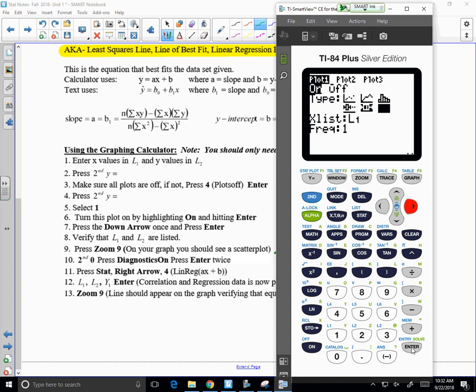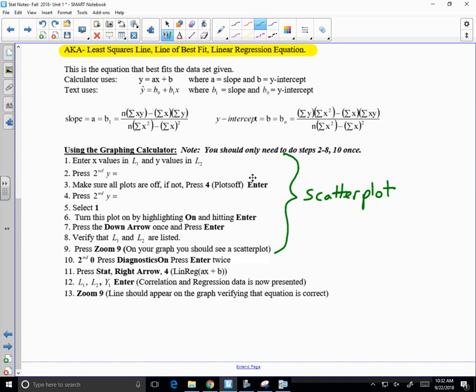If I do a normal probability plot, L1 with X. So the settings are the way I want them to be. I can just go right to the graph and ignore everything else, which is wonderful. I'm just toggling back and forth between types depending on what kind of graph I need. So when I hit scatter plot, I'm good to go. Zoom 9, I have a graph. That's what I mean by you should only need to do these steps once, because you're verifying that they are the way you want them to be. And then from there on out, you're good.